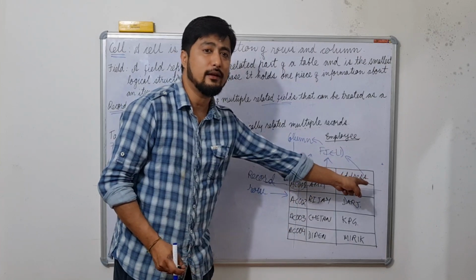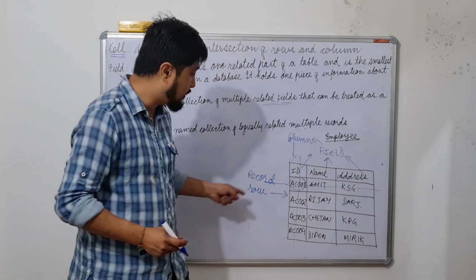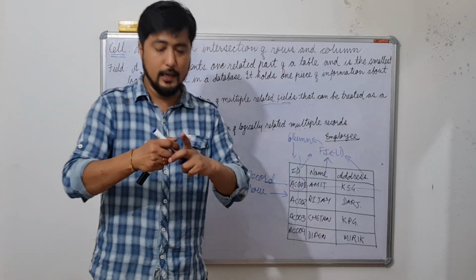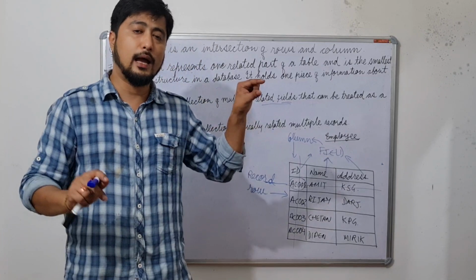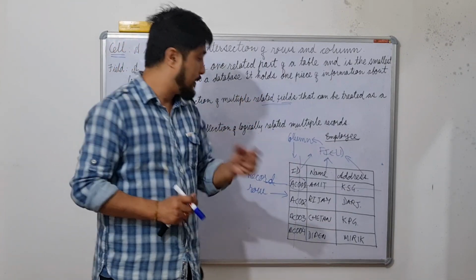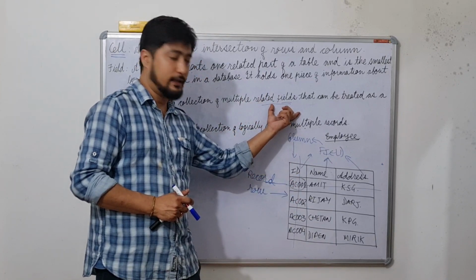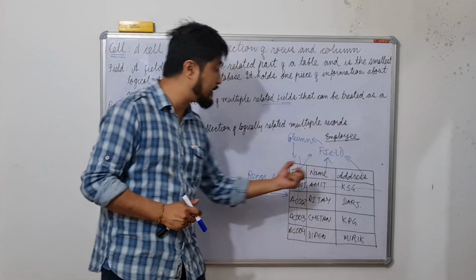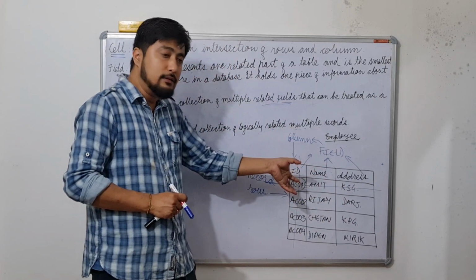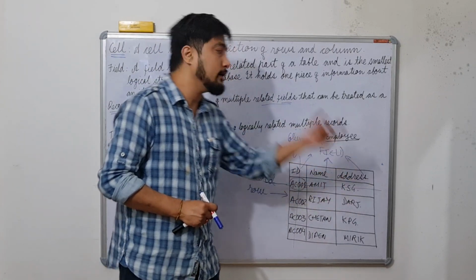Record means it represents a single row, and a single row is a collection of the values under those related fields.